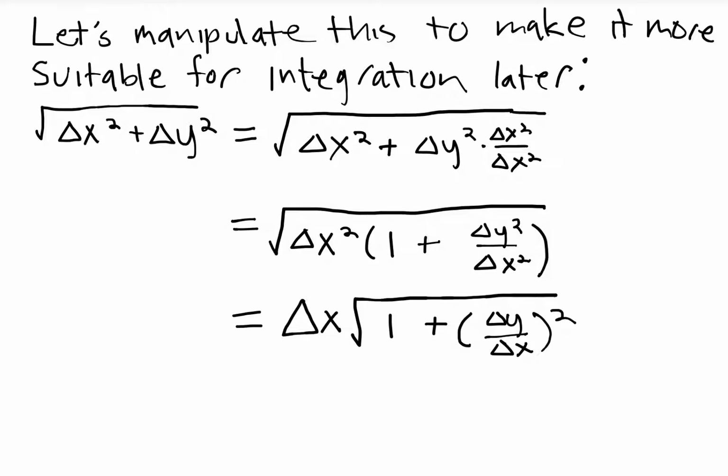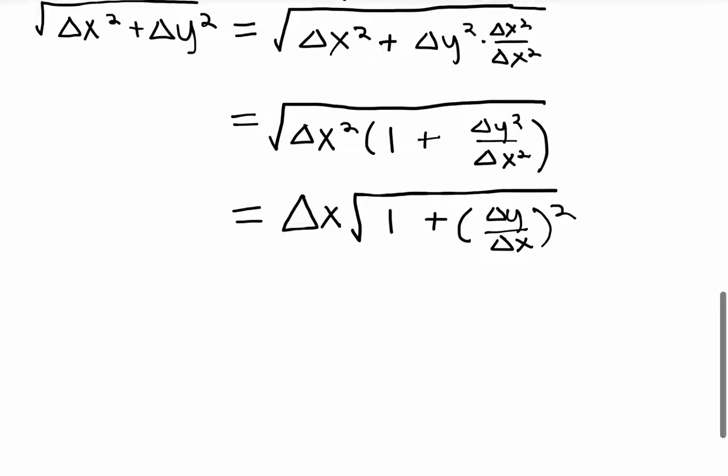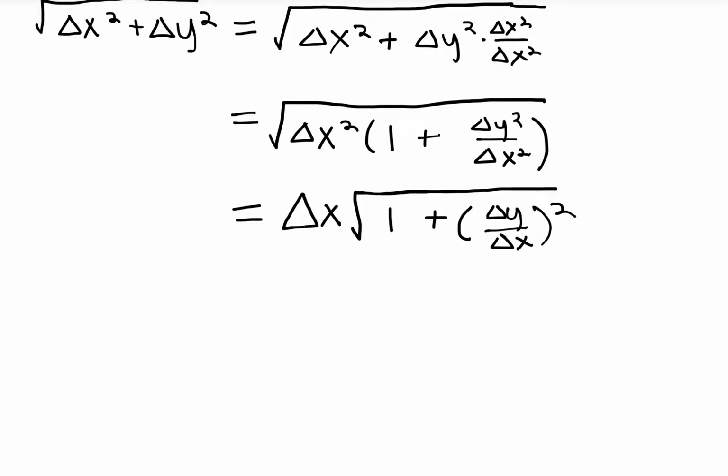So other comments, I'll give myself a little bit more room here to work with. I will make a little side note that this delta y over delta x that I'm squaring in this expression, usually you guys see change in y over change in x a lot.